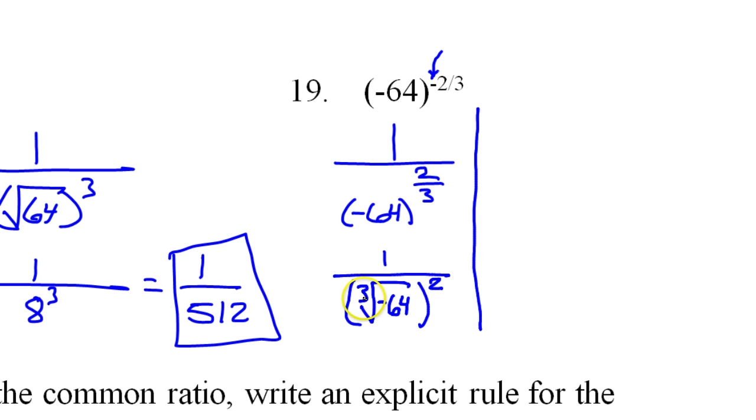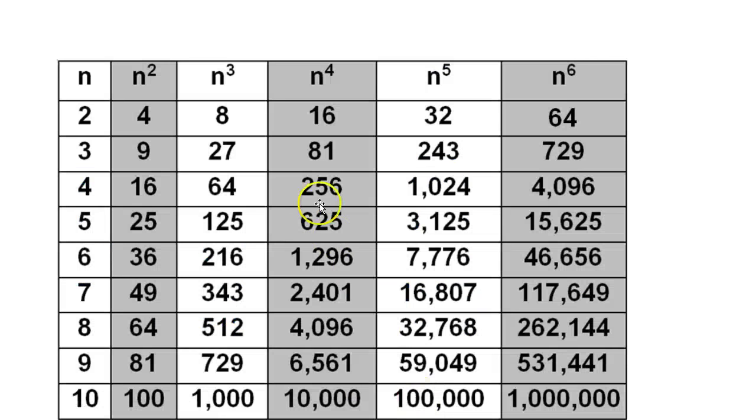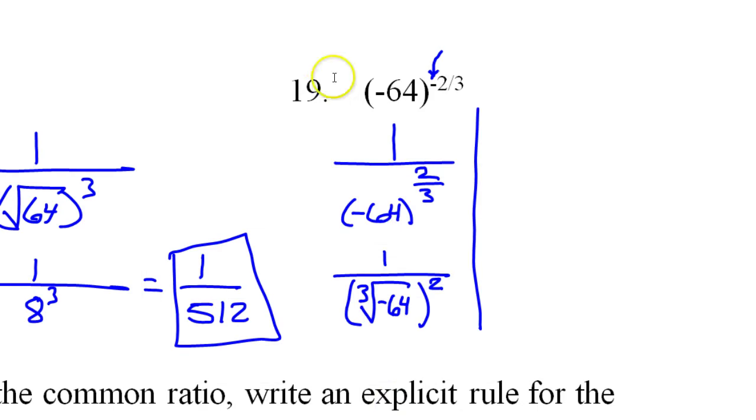Now, the cube root of 64 is 4. So the cube root of negative 64 will be negative 4. There's no problem taking an odd root. It'll just simply be a negative number. If it had been an even root, we would have said no solution.